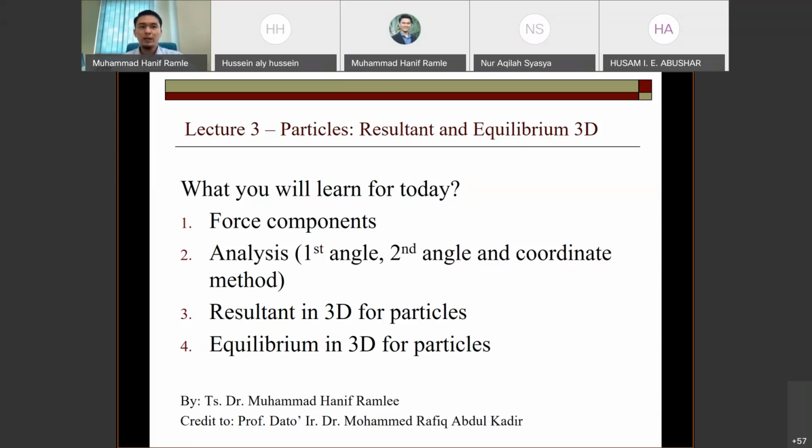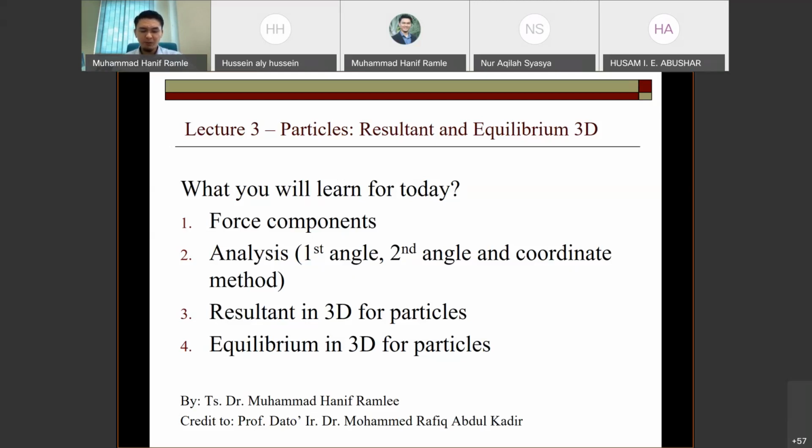What you will learn today, the first one is force components. Since we have 3 axes, we have 3 components: x, y, and z. Number 2, you will learn how to do analysis. Once you have the problem, you have to solve it. We have 3 different methods: the first angle method, the second angle method, and the coordinate method.